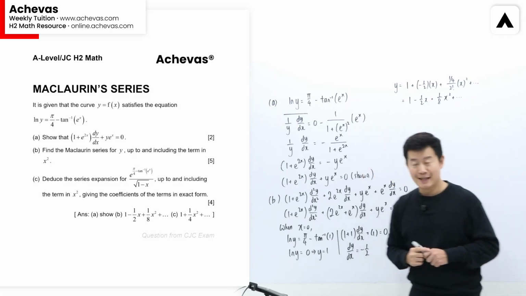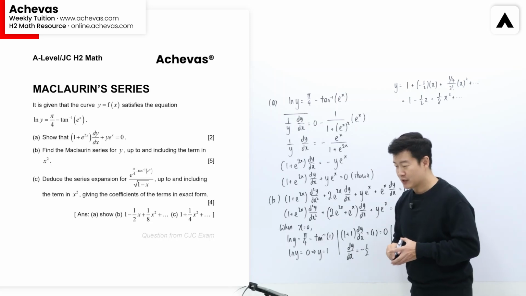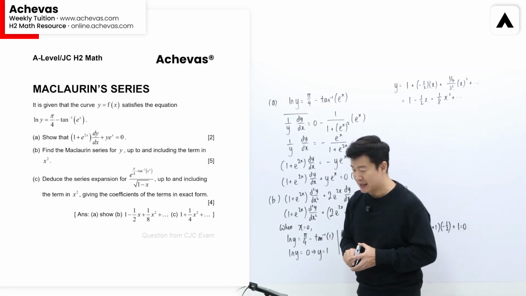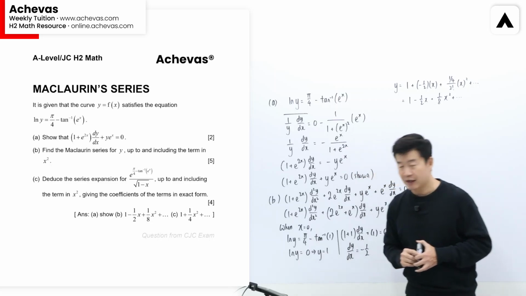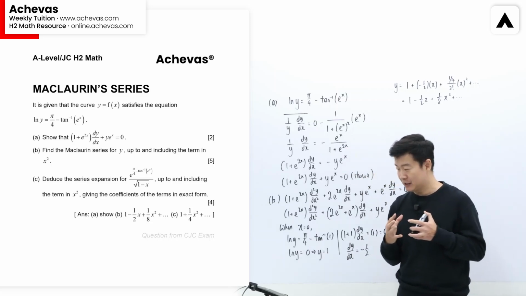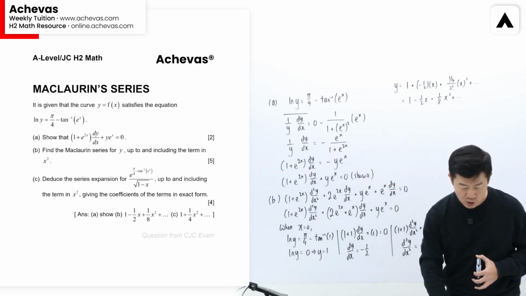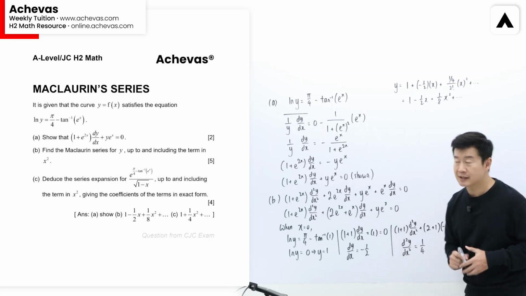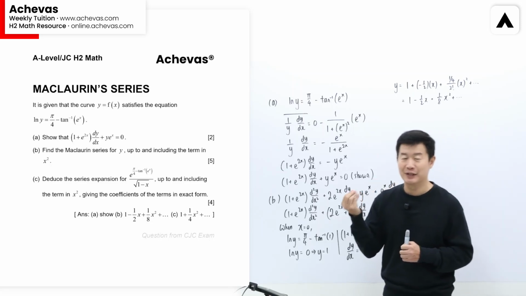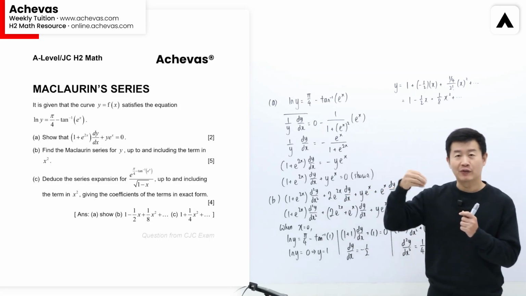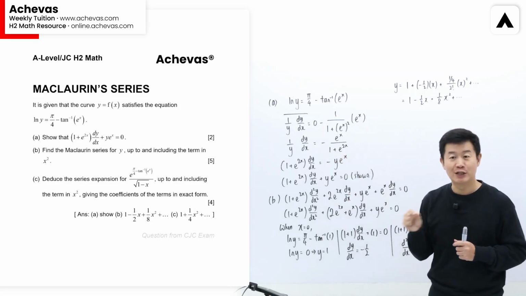We will have part C, where the question says we are supposed to deduce the series expansion for that expression up to and including the x squared term, and we want everything in the exact form. So in order for me to get that, we will first need to sort out what exactly this numerator is. We need to make use of the previous part since the question says deduce.